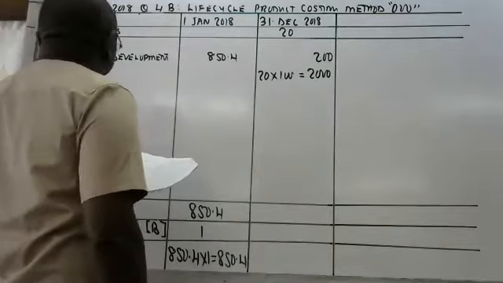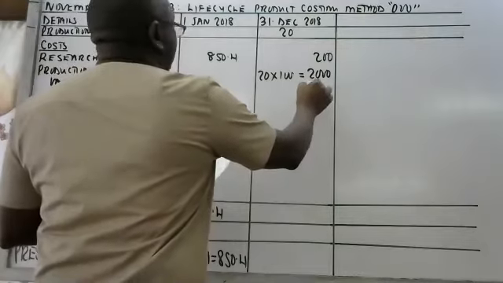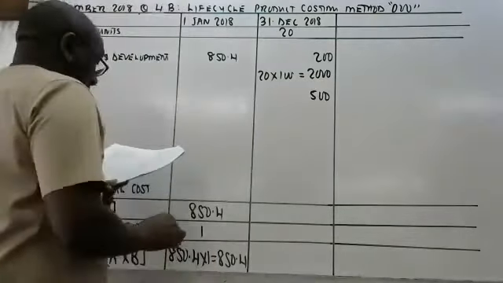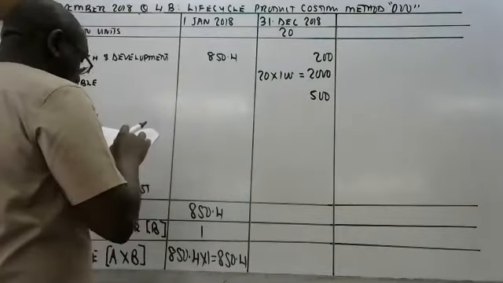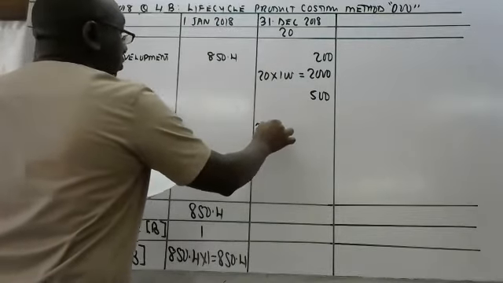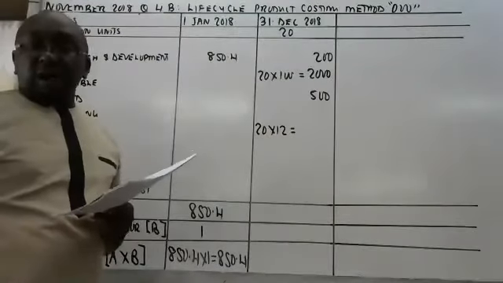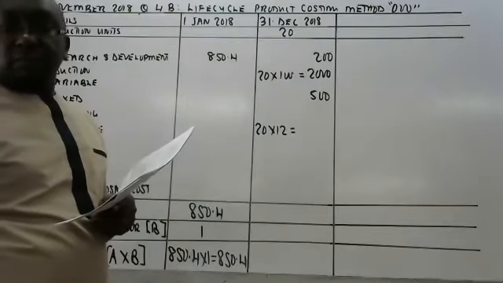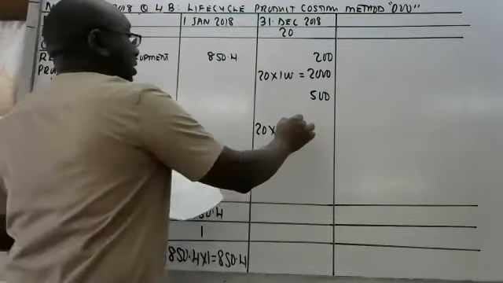Then the fixed production in that year is 500. Marketing in that year is 12, so 20 times 12. 20 times 12 is what? $240.